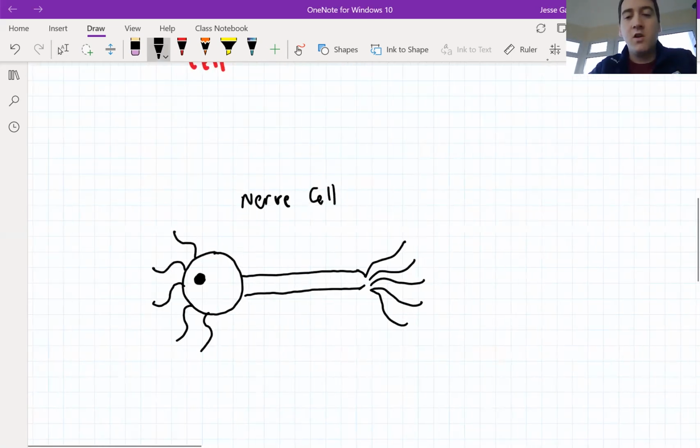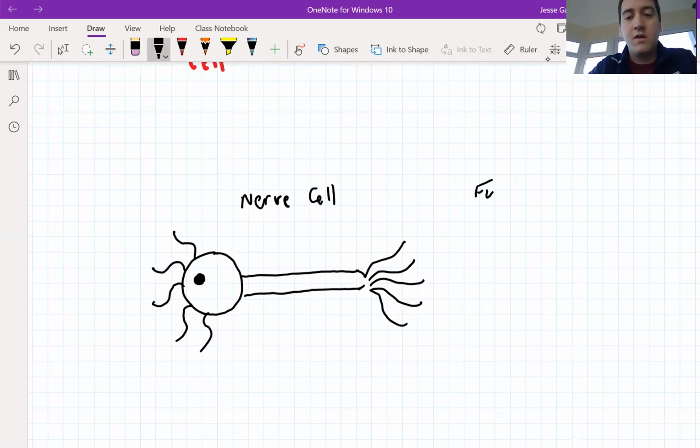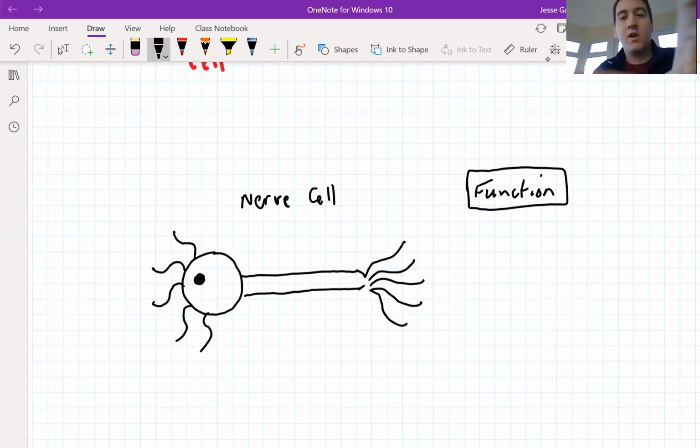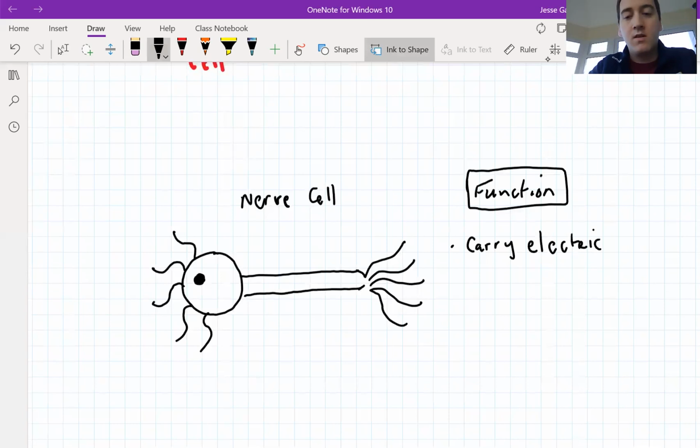Now, the function of a nerve cell, and remember what function means. Function just means job. So job in science we call functions. And the function of a nerve cell is to carry electric impulses, what we call electric impulses, and these are just electric messages around the body.